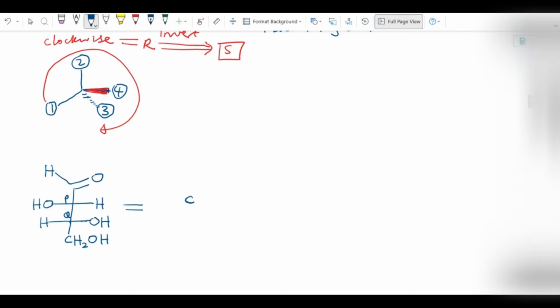So starting with the chiral carbon P. So this is hydrogen here. This is OH. Carbon, hydrogen. Oh no, this should be OH. Hydrogen, carbon, hydrogen, hydrogen, then OH.